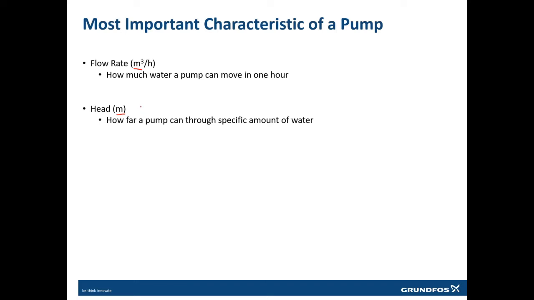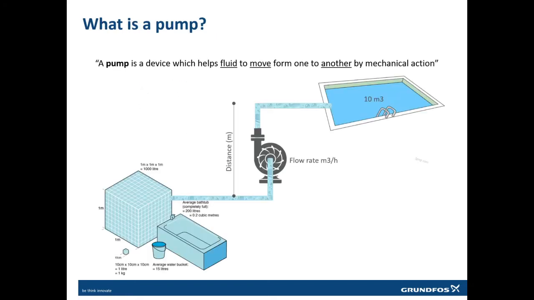This is what the pump delivers. Now, to make it more understandable, let's consider this schematic. We have this pump here. This pump is filling a swimming pool of 10 meter cube. 10 meter cube means that this swimming pool has a capacity of holding 10,000 liters of water.